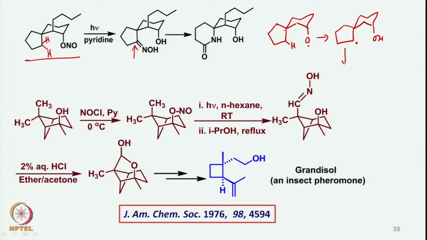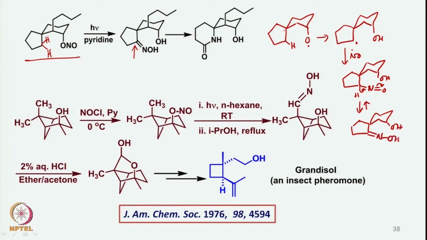Then this is attacked by the NO radical to form the corresponding N double bond O, which is in equilibrium with the corresponding oxime. This is the substrate that we have, and this is the product that we have got.